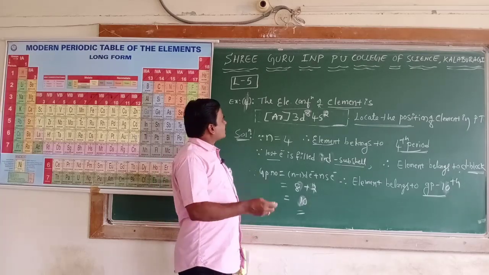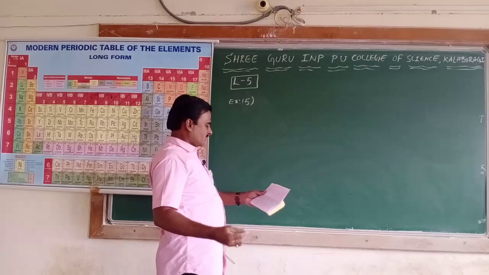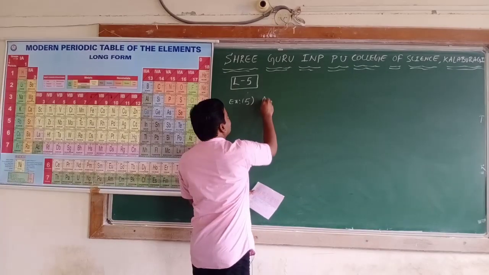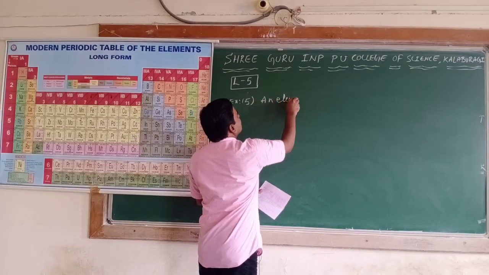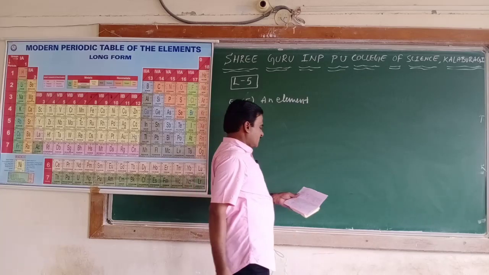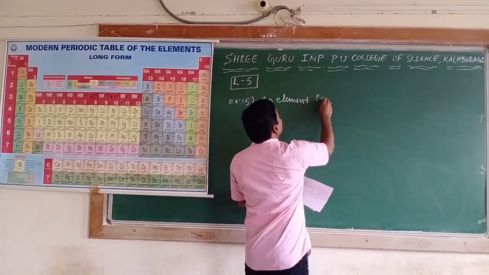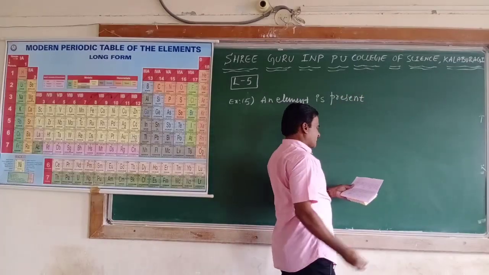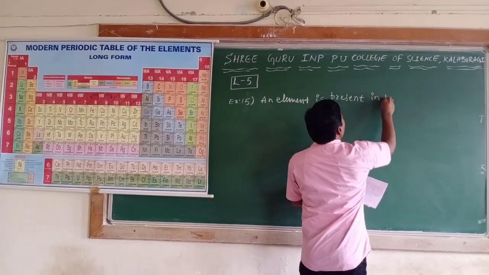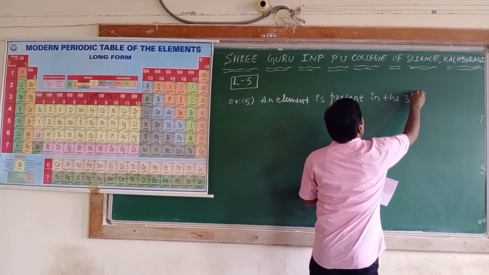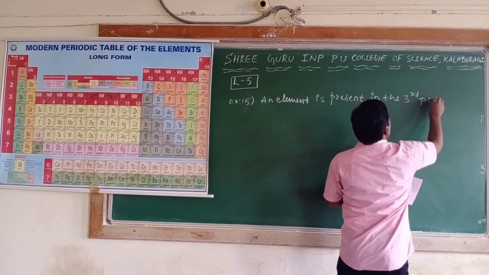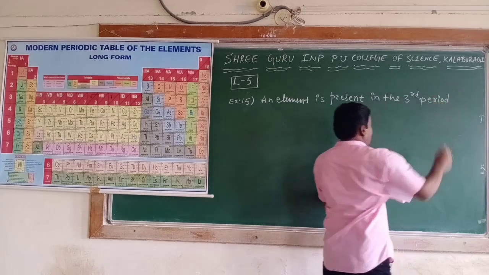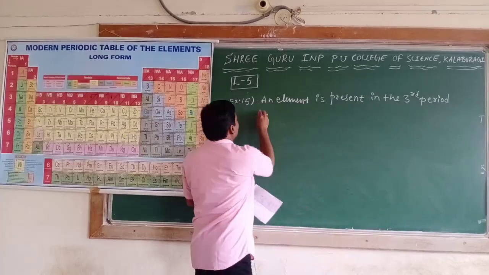Let's take example number 5. An element is present in the 3rd period of the p block.